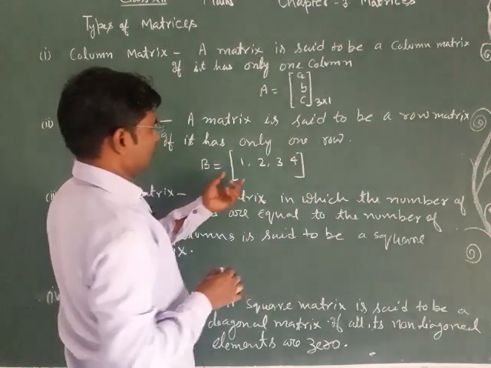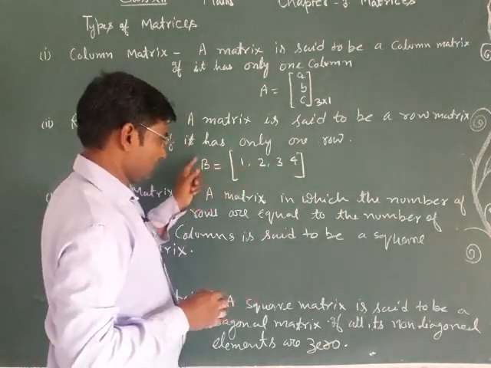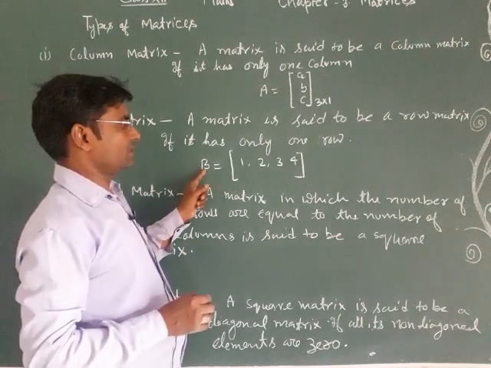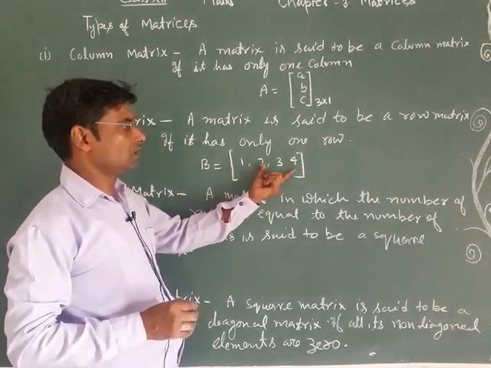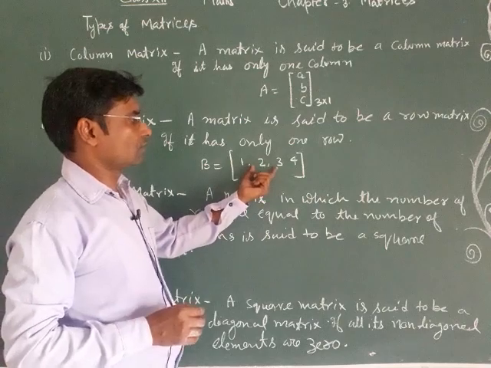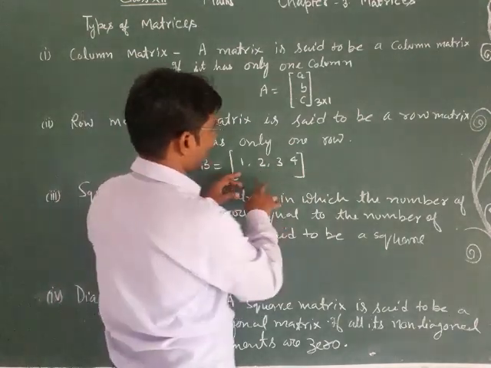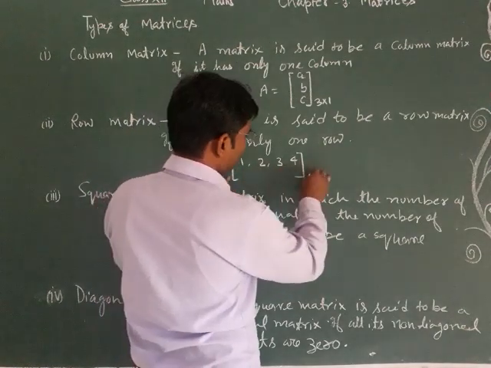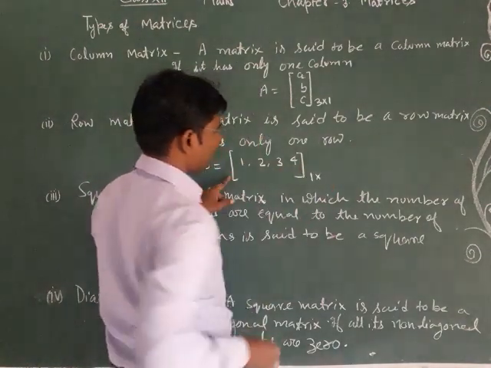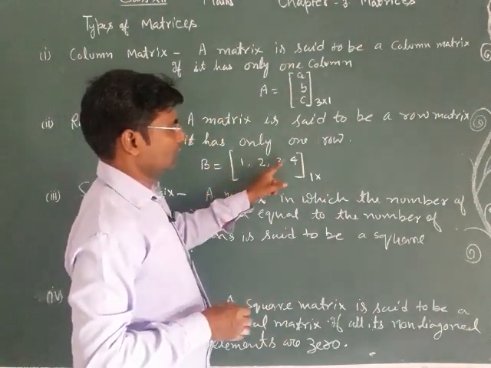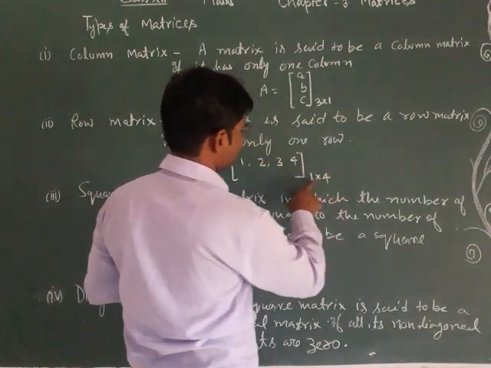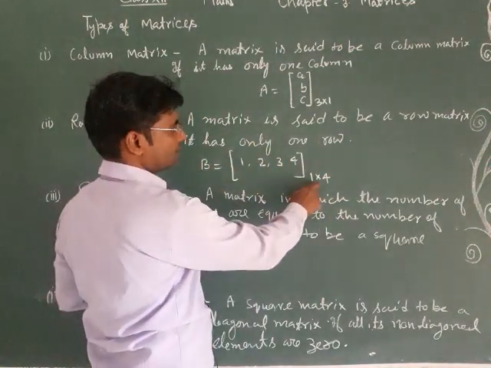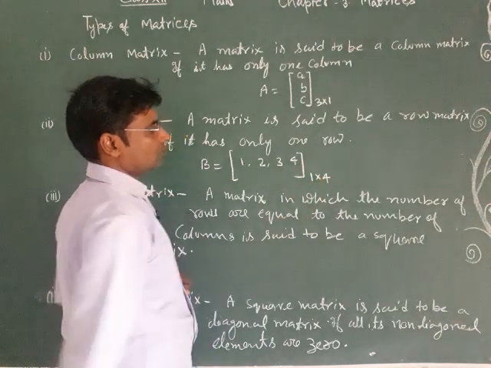It has only one row, so this is called a row matrix. The order of this matrix is one row and four columns, so matrix B is 1 by 4.